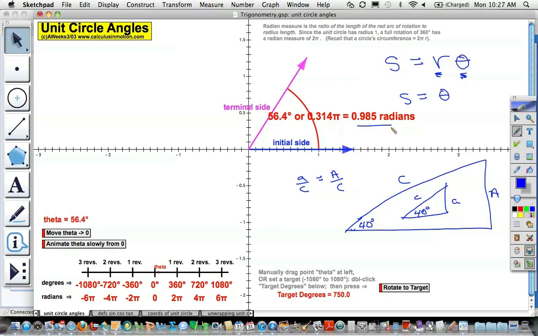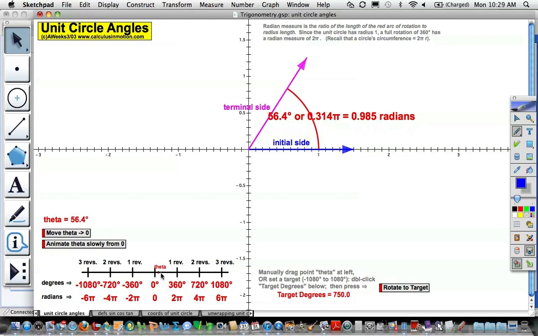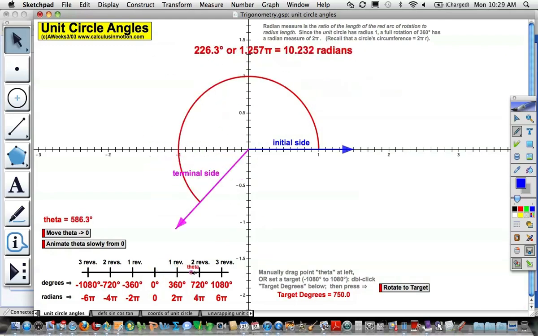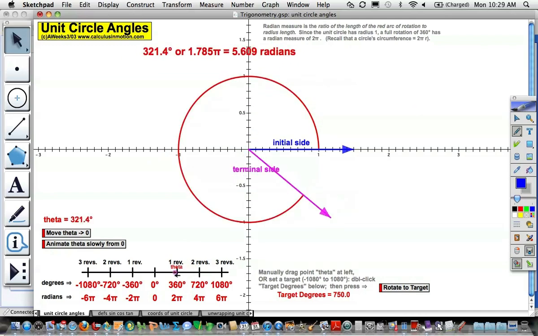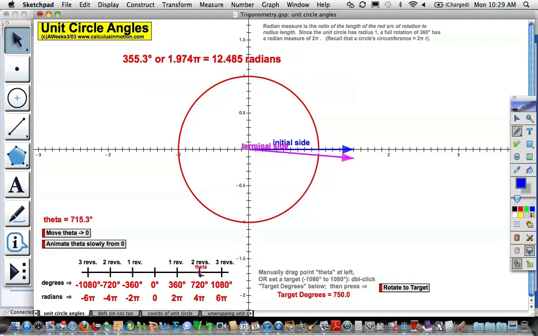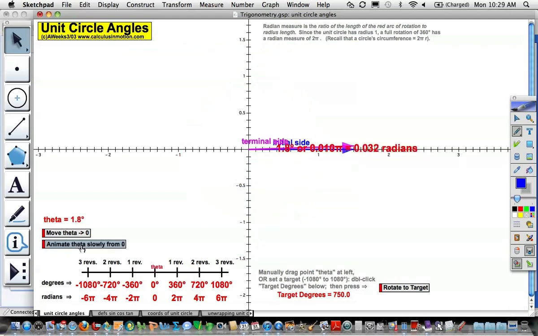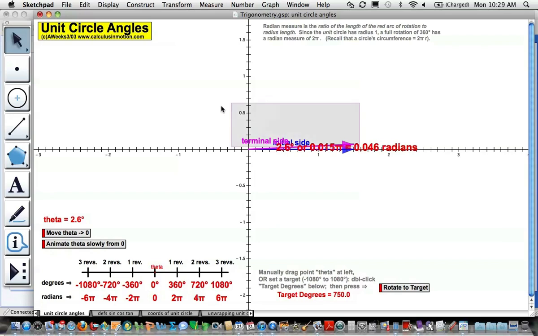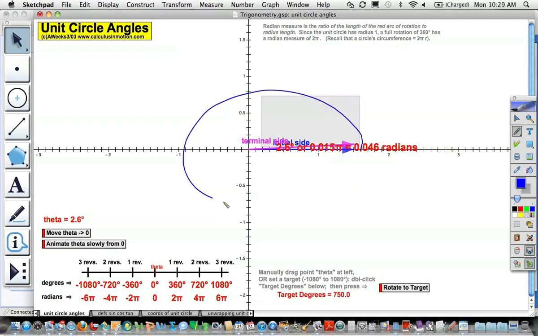And the word radian comes from radius. Okay? So now it's making sense. So now, when you go around the circle here, all the way around, we'll do this slowly.